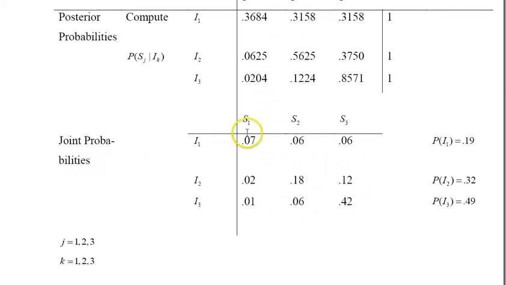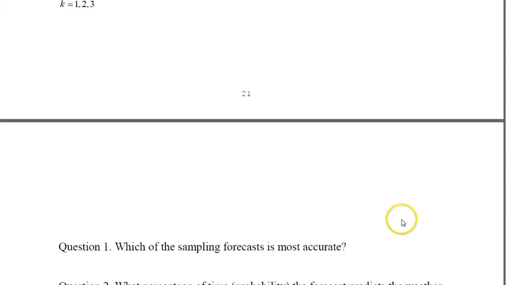This means this is the probability of S1 intersection O1, that means at the same time. So my forecast is rain, and the state of nature is rain. My forecast is cloud, the state of nature is cloud, would be this. My forecast is sun, and the state of nature is sun 42% of the time. And these are the I1, I2, I3. So that's a summary of what we had there.